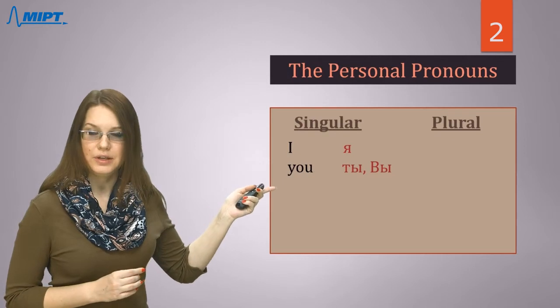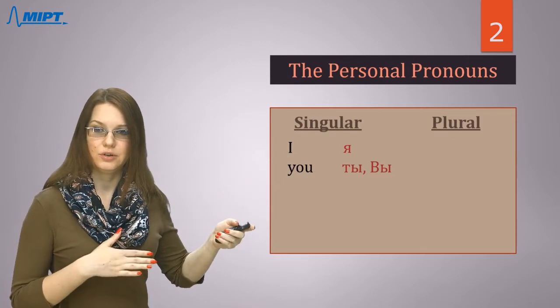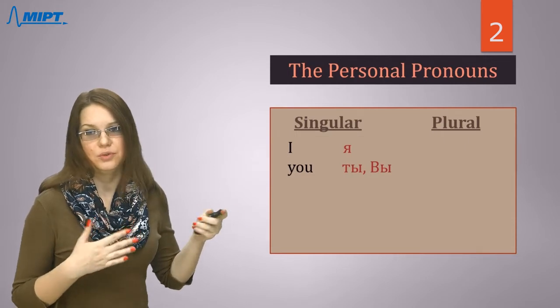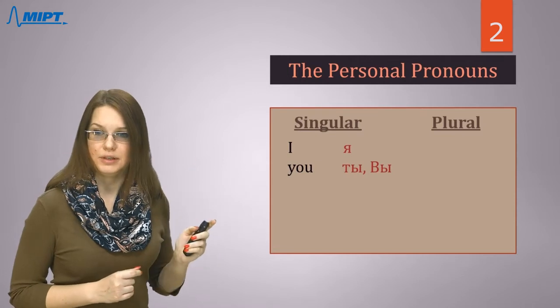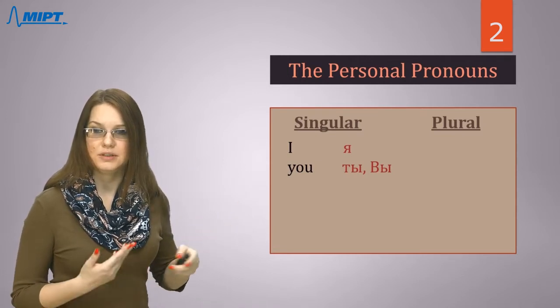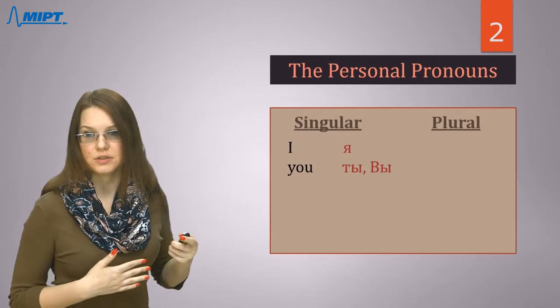And if you write something, for example, a letter to your teacher, to your professor, to your director, and so on, you should write it with a capital letter. You see, Вы. It's a way to show your respect for this person.